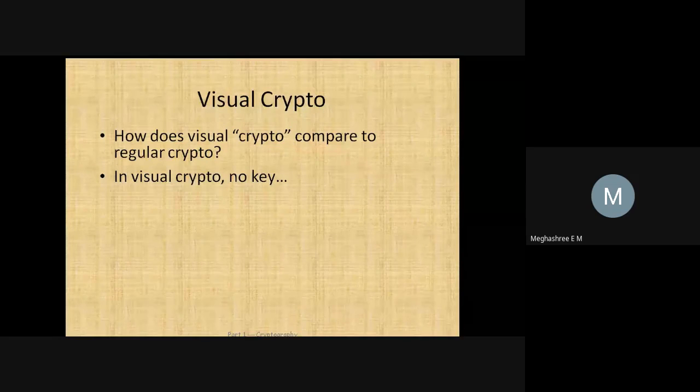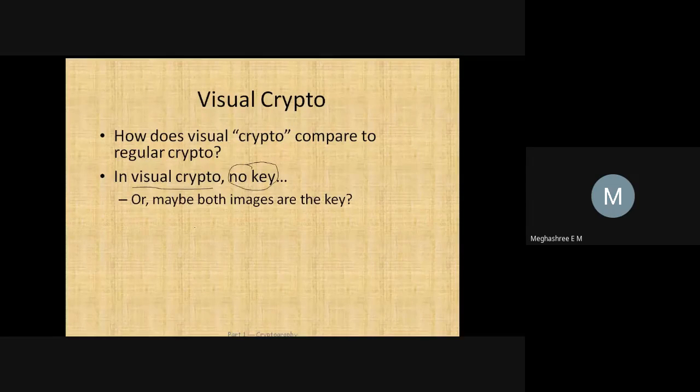There we need keys to perform encryption as well as decryption, whereas in visual cryptography we are not using any key. Or you can say the shares that belong to both participants, those who have the images, play the role of a key. We can treat their shares as a key with respect to visual cryptography.